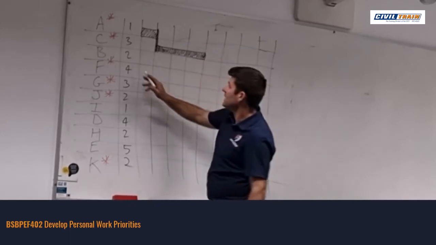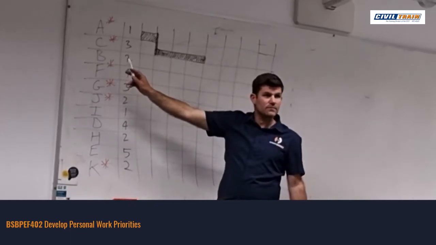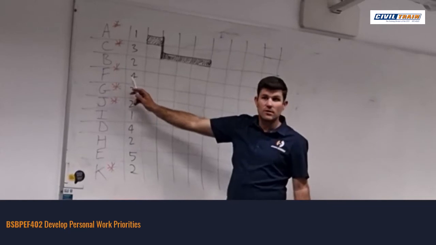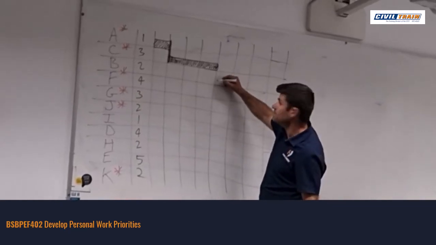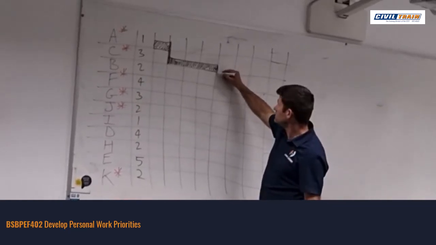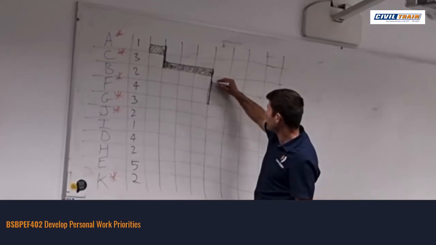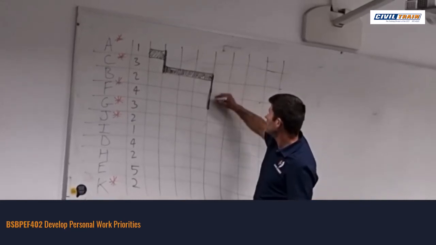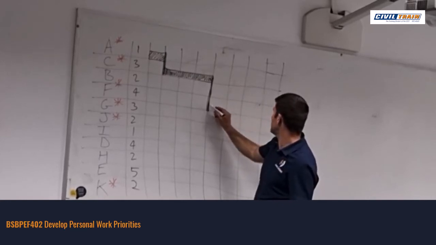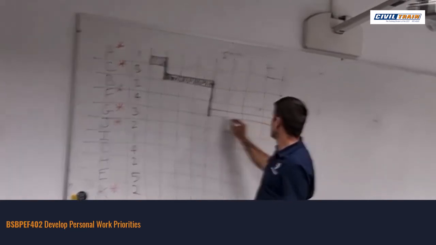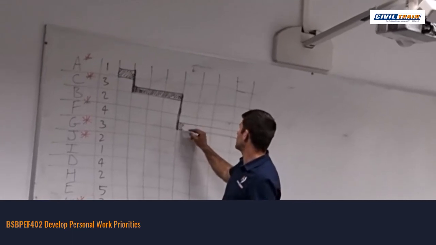Right. Now B is not a critical task, but F is. So what we do is we jump down a line till we get to F. We're actually skipping a whole line there. And F's 4 days, and then we colour that in.